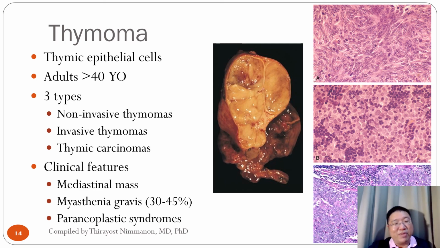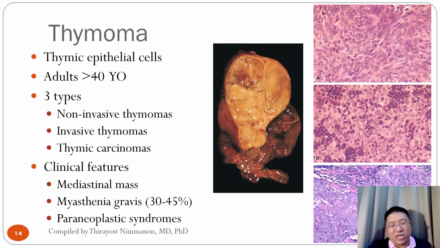If you remember myasthenia gravis, the patients present with weakness, and the key feature is dramatic weakness after repetitive stimulation, right? It will repeat again and again, and the stores of acetylcholine are depleted.